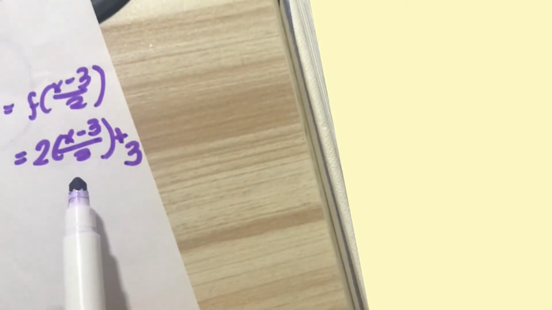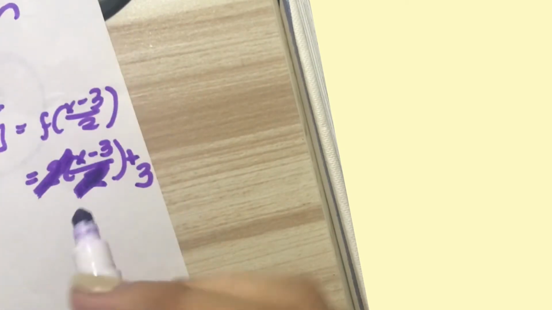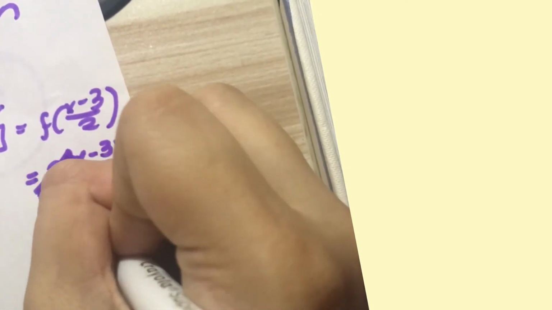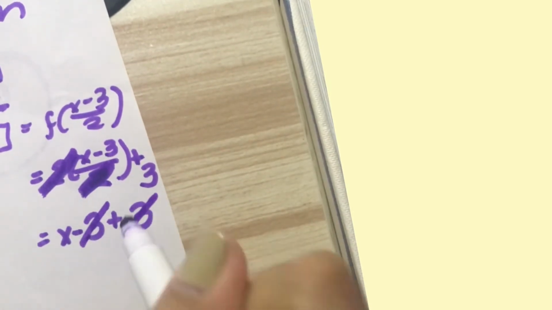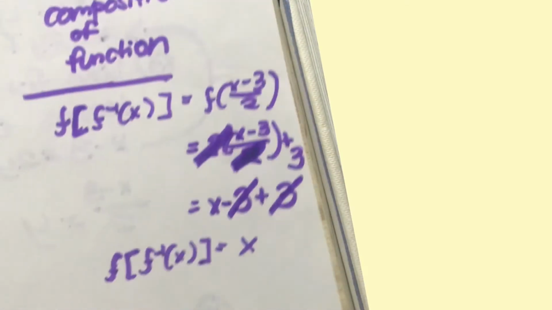So we will incorporate 2 times x minus 3 over 2 plus 3 to the solution of the function. So we can cancel out 2. What's left will be x minus 3 plus 3. Then we cancel out 3, since negative 3 plus 3 is equal to 0. And so we'll be actually left with x. So f of f negative 1 of x is equal to x.